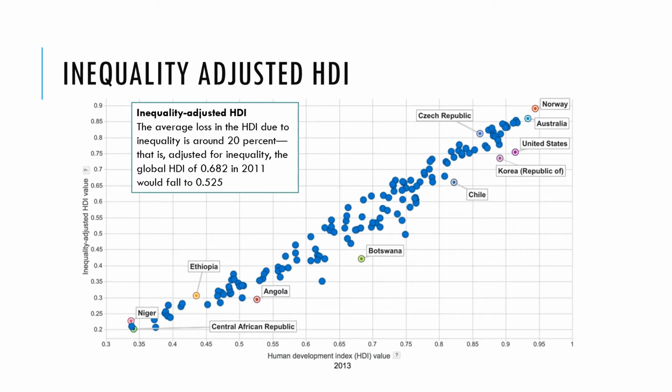And here we can see the inequality adjusted HDI value plotted against the normal HDI value. Generally speaking, we can see that a number of countries score slightly lower on the inequality adjusted index than the Human Development Index. So for example, Angola, Botswana, Chile, Korea, United States, these countries being slightly lower on the inequality adjusted would suggest that income inequality is an issue for these countries.